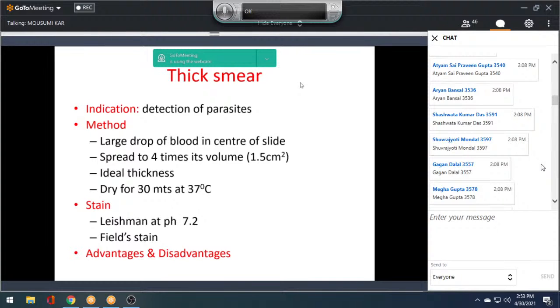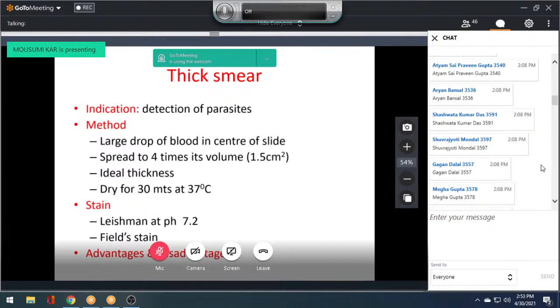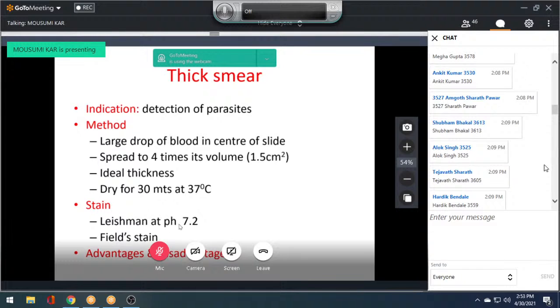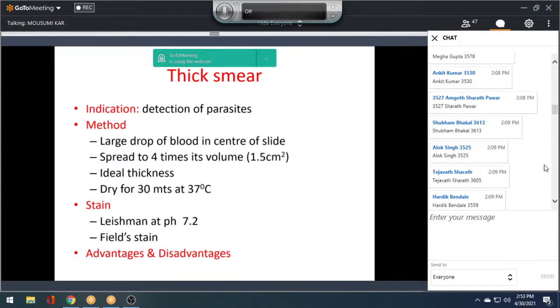So, any difference in staining? One thing that is written here is pH should be 7.2. Usually, Leishman stain has a pH of 6.8, but in malaria, it is better if it is 7.2 because that brings out more distinction in the malarial parasite granules.